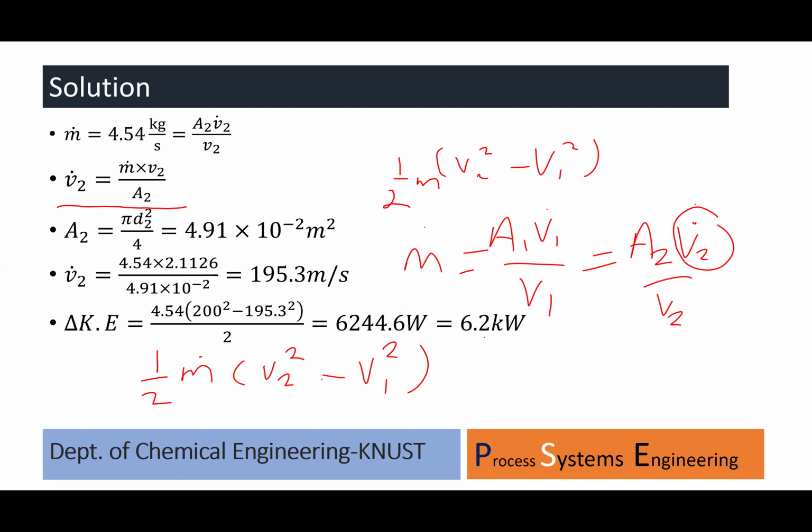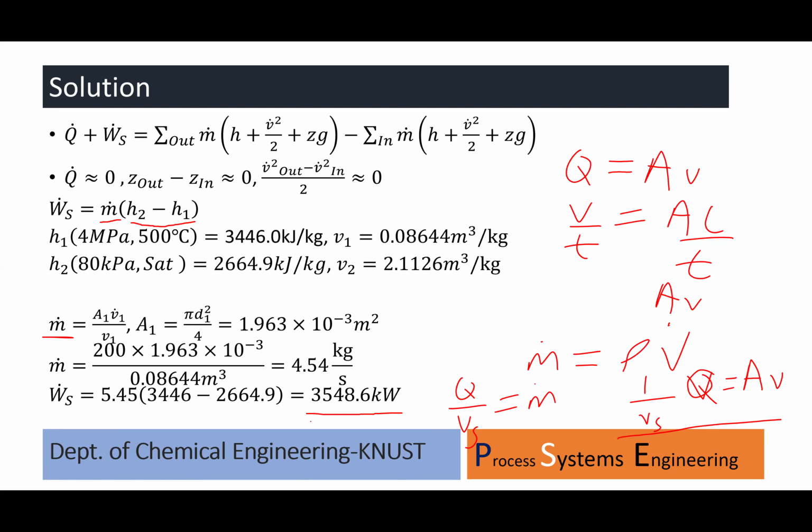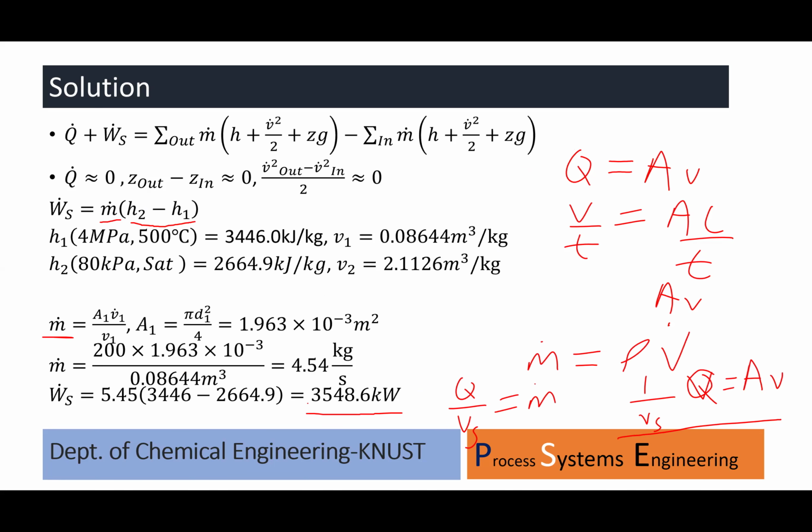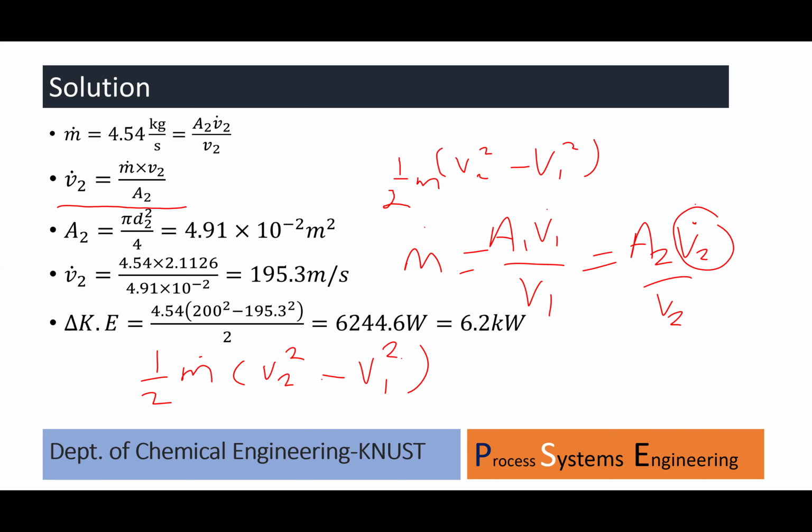So when I compare this to the work we saw previously, this is 6.2 kilowatts. But the amount of work we did when we neglected kinetic energy was 3548.6 kilowatts. So realize that this 6.2 is very small compared to this 3548.6. Right, so that's why we are seeing that kinetic energy will be negligible.